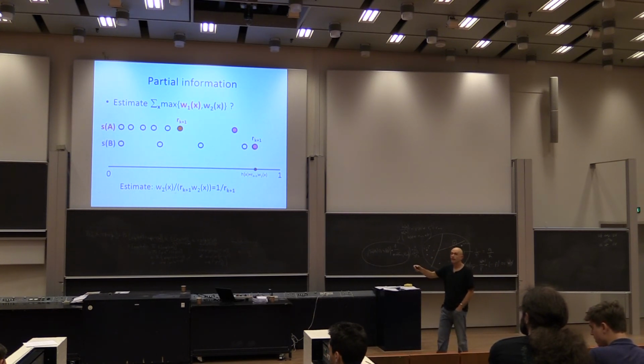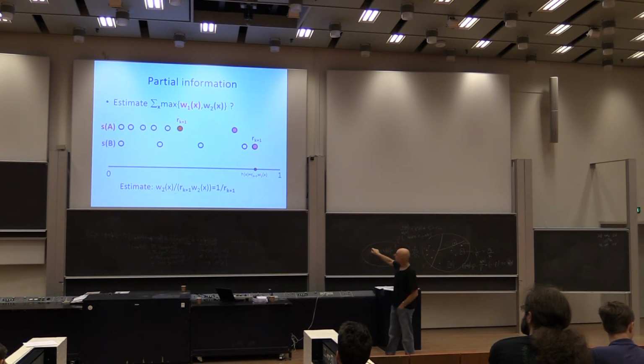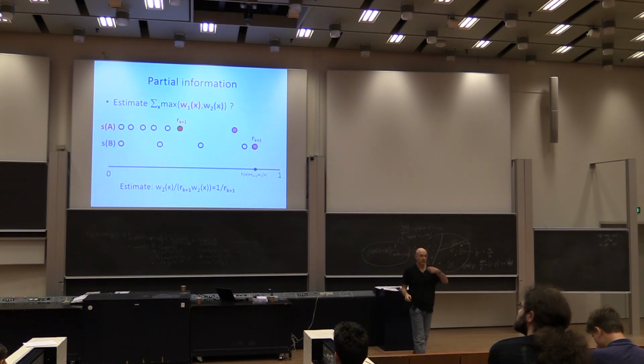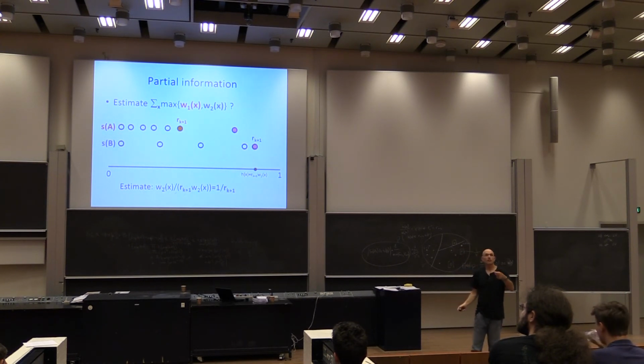I can take W2 and divide it by the probability that the item is in the blue sample. I see W2. I know that the maximum is at least W2. So I give the item an adjusted weight, which would be correct if the maximum were W2.